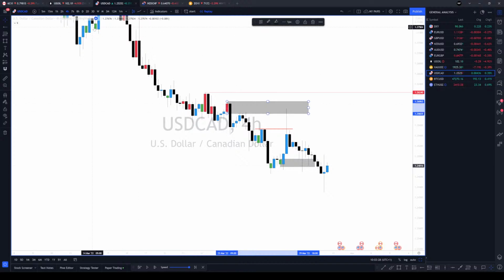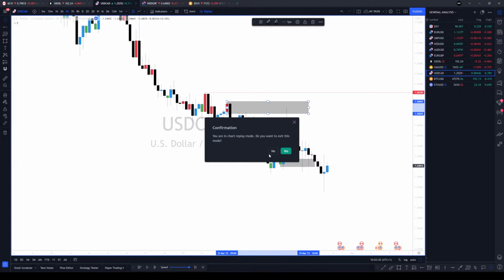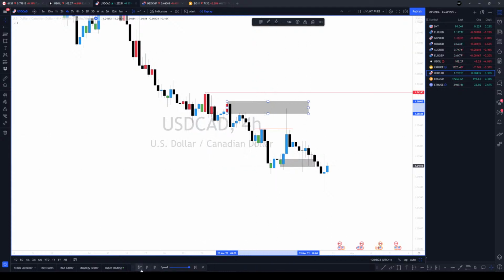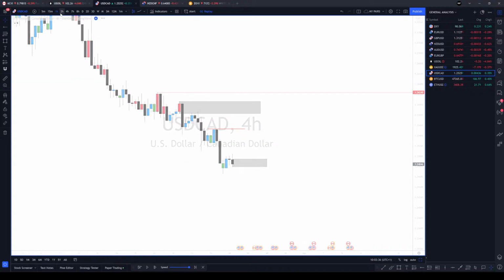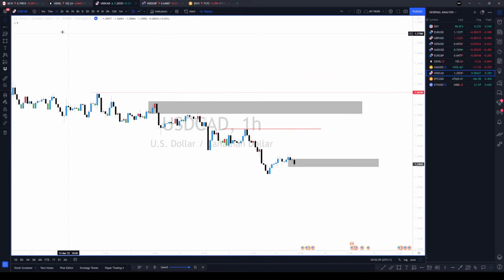All right, and then let me cut it off and then show you the power behind these imbalances inside the order block right there.